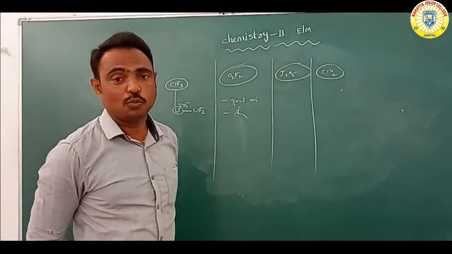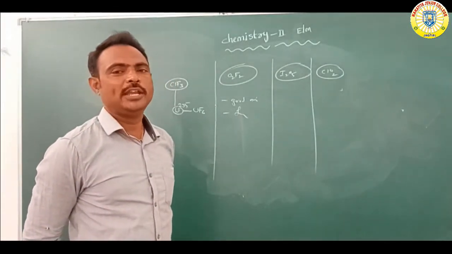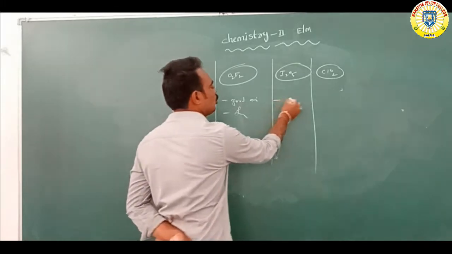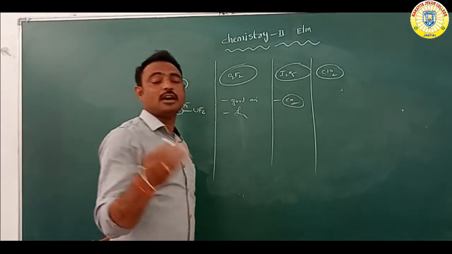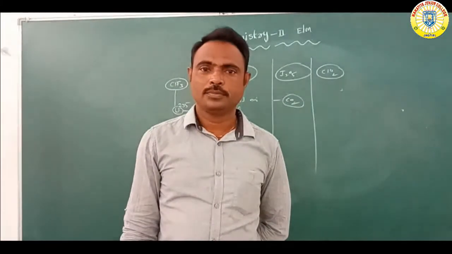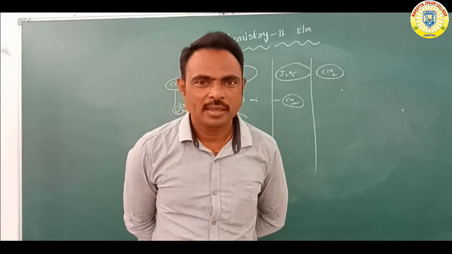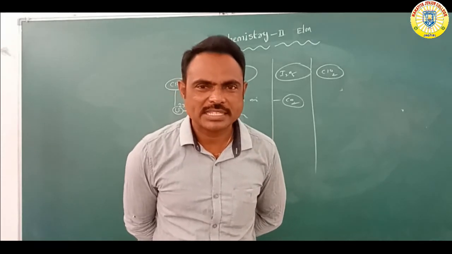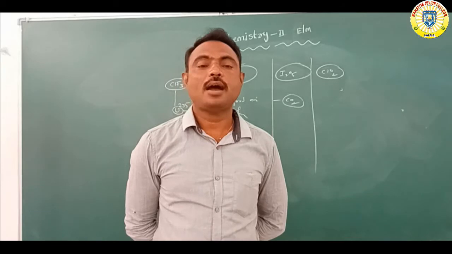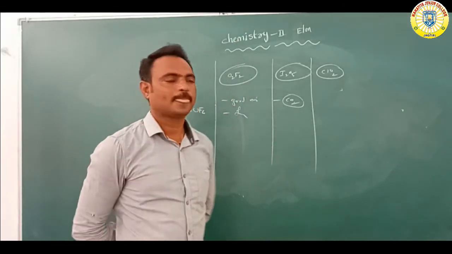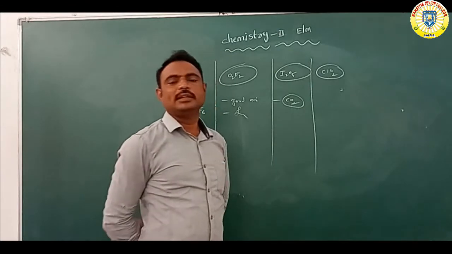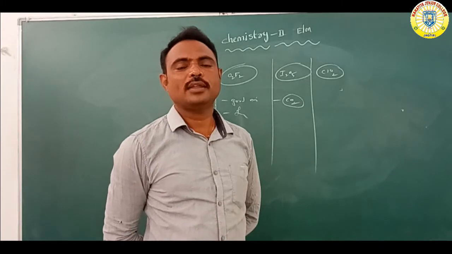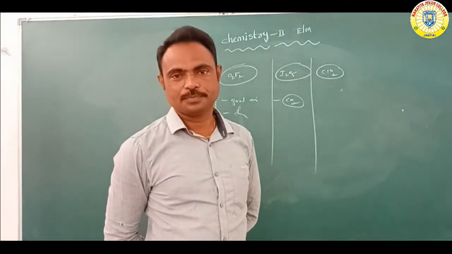Next, I2O5, iodine pentaoxide. It is mainly used to estimate carbon monoxide in organic compounds. Last one, chlorine dioxide. It is mainly used for bleaching purposes.